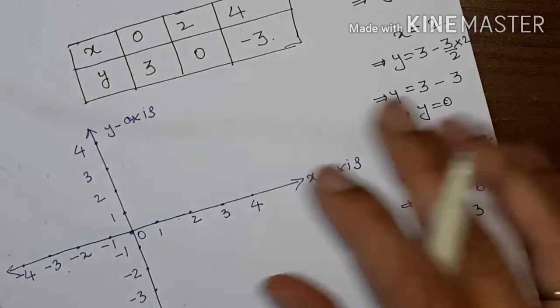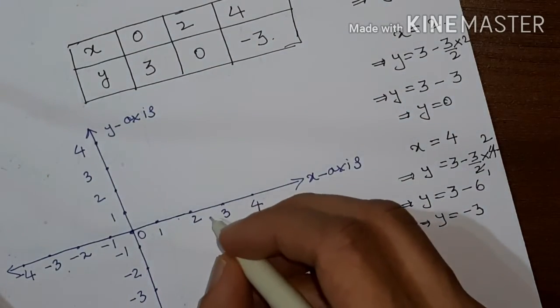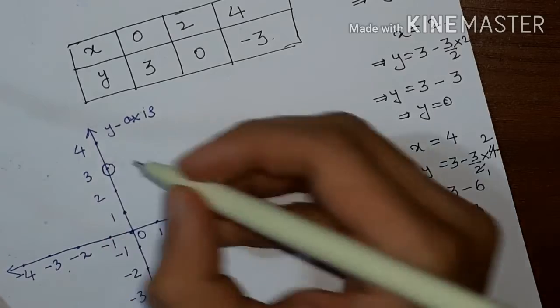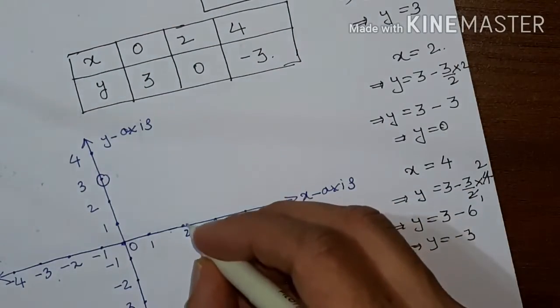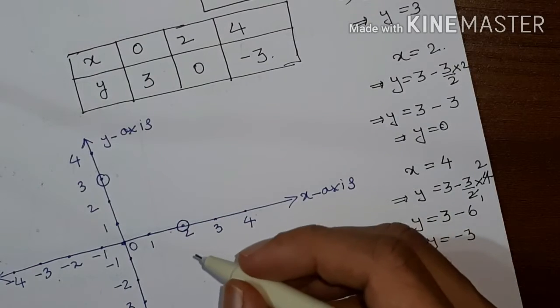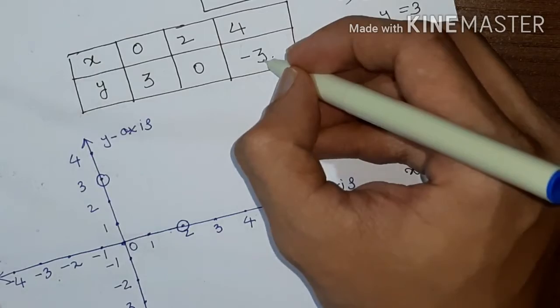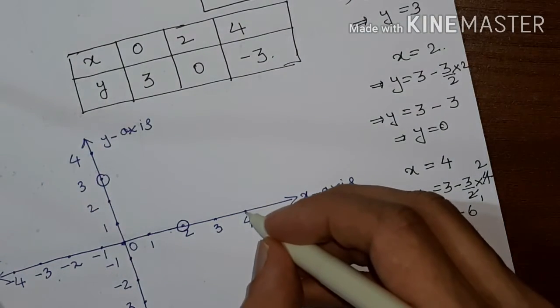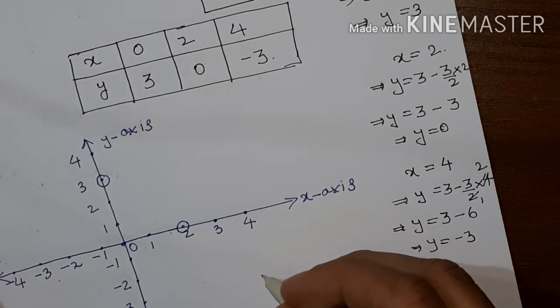So now let us plot the points 0 comma 3, right? So that is here. Then you have 2 comma 0, so that is here. Then you have 4 comma minus 3, so x is 4 and y is minus 3, so here.